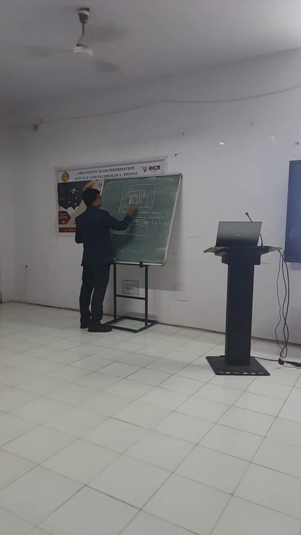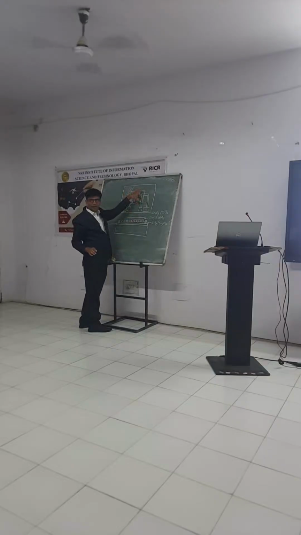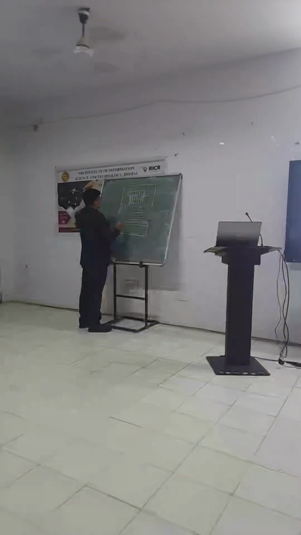This is my heater, not this line. This is connected to here. Okay, so this is my IDT electrode. Clear? And then over the IDT electrode, I have the sensing layer.